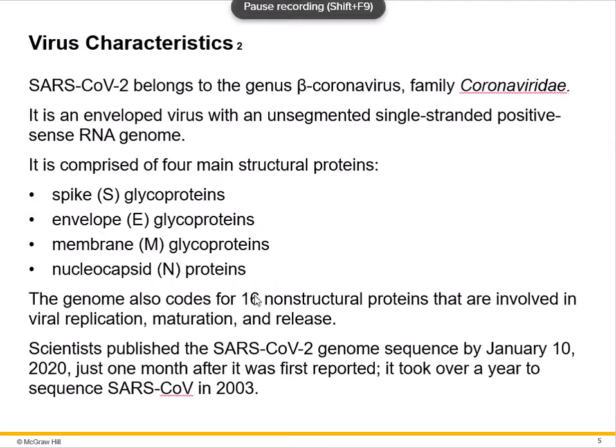The genome of the virus contains about 16 genes related to the biology of the virus itself. And interestingly, we were able to sequence the whole genome of the virus just a month after it was reported, which was a pretty interesting advance in science.